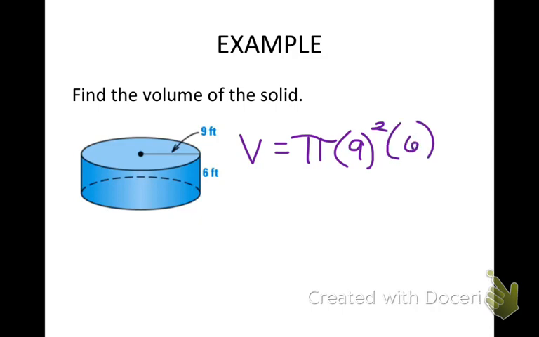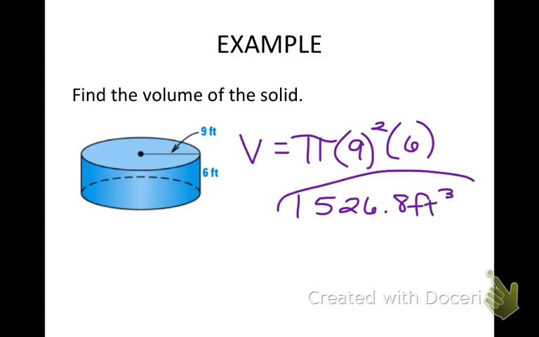So using my calculator, pi times 9 squared times 6 gets me 1,526.8 feet cubed. And that's just calculator work. So hopefully you can type things into your calculator correctly. Remember, you need to have an actual calculator for your test. You cannot use your cell phone as a calculator.